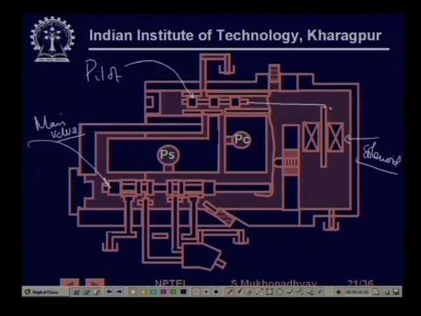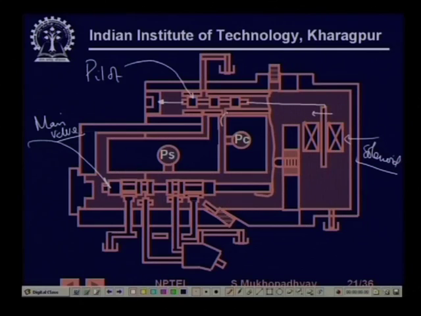So, let us identify the parts, right. And so, what happens is that suppose you tilt the solenoid, something like a torque motor arrangement, which we will see what it is. This will push this valve this way. Now, you see that there is a control pressure.